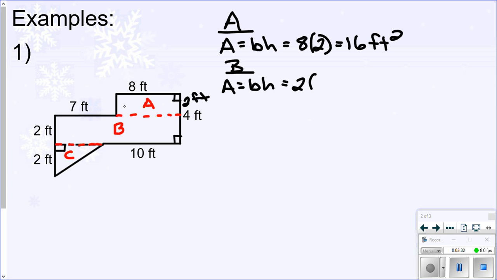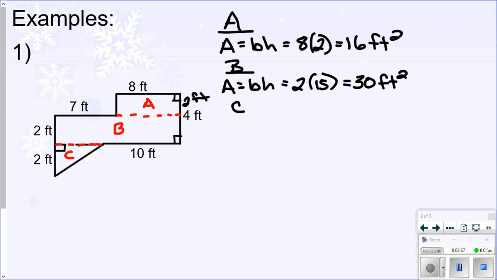So let's look at the other side. That piece is 7, and that piece is 8. We can just add those together and get 15. So this side is 2, and this side is 15, 7 plus 8. We multiply those together, and we get 30 square feet.